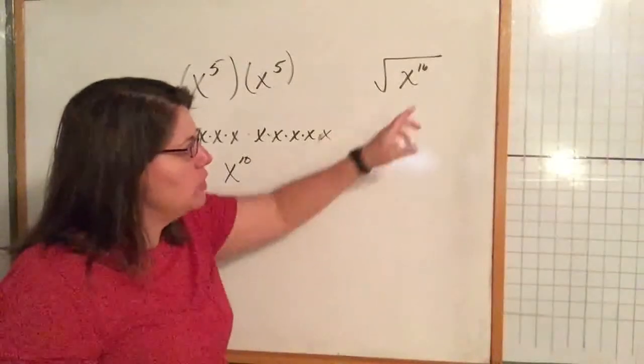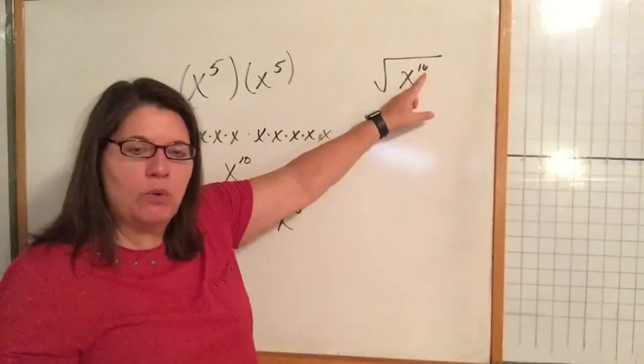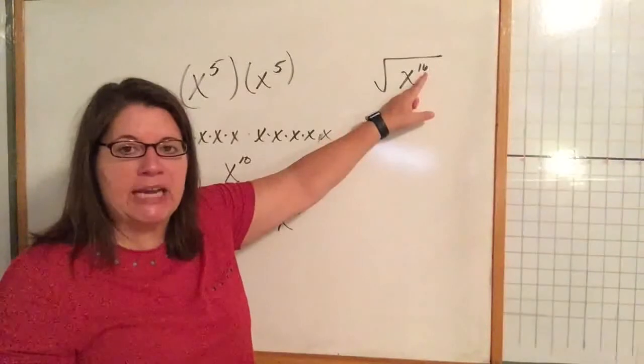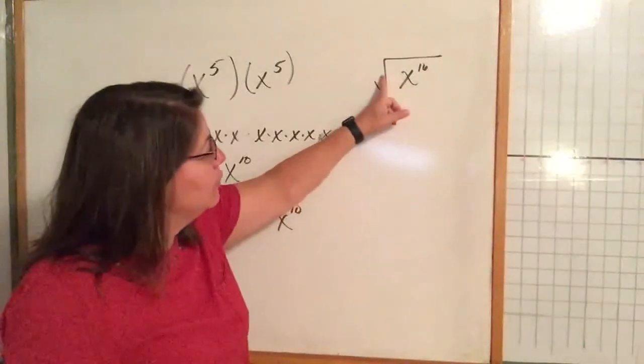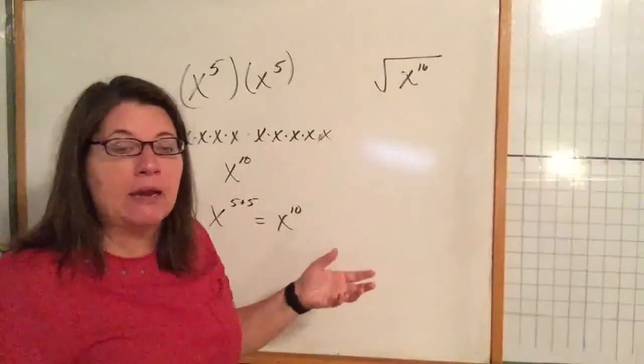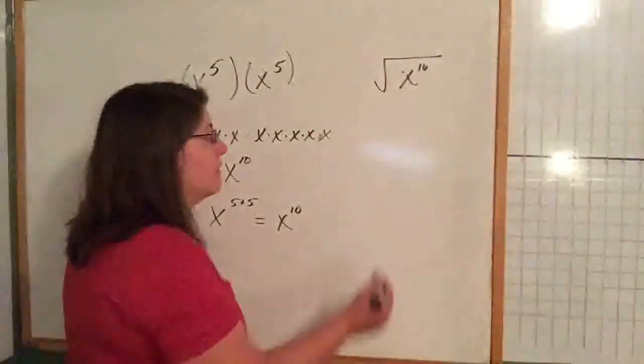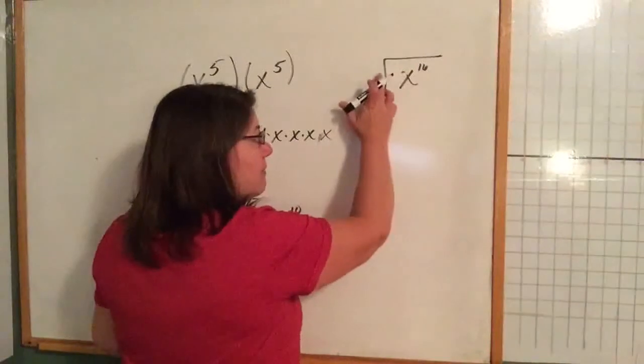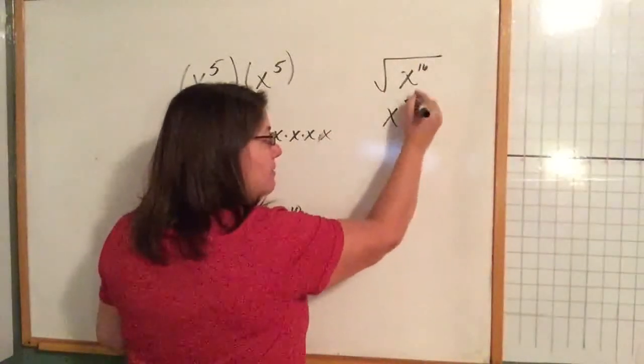But if you think about it, when you have an even number, wouldn't pairs be just the same thing as dividing it by 2? So if I take the exponent and divide it by the root number, I can get the square root very easily. So if I take 16 divided by my root of 2, I get x to the 8th.